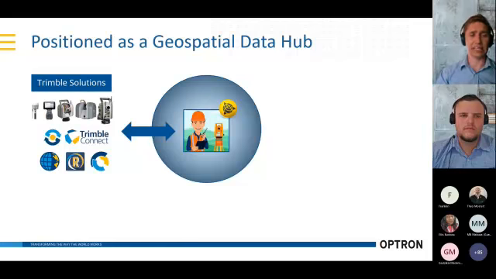As you can see, there's various types of sensors that you can import the data into TBC from, anything from your typical Trimble GNSS receivers, your robotic total stations, your normal total stations, your digital levels, your 3D laser scanners. All that data can seamlessly feed into Trimble Business Center.